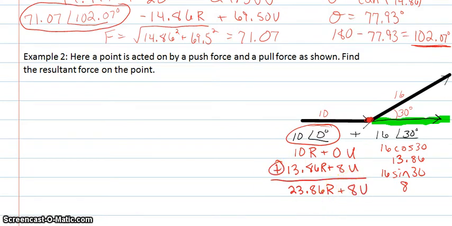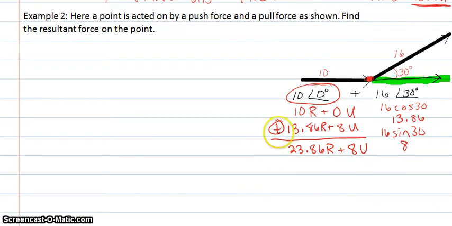Plus 8u. Now that's rectangular coordinates, and remember, for the resultant force, we want this in polar coordinates. So we need the angle and the magnitude. So for the angle, or theta, it's the inverse function of tangent with 8 divided by 23.86, which is approximately 18.54 degrees.